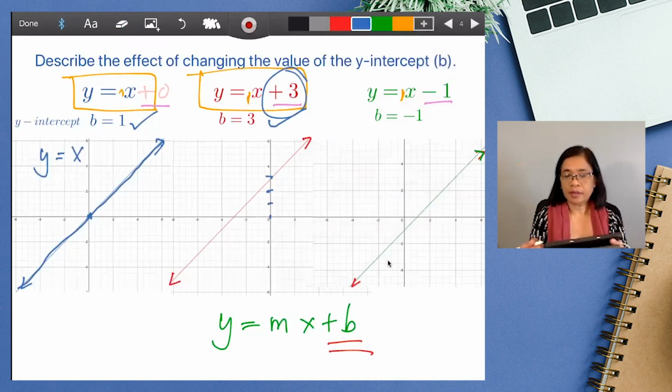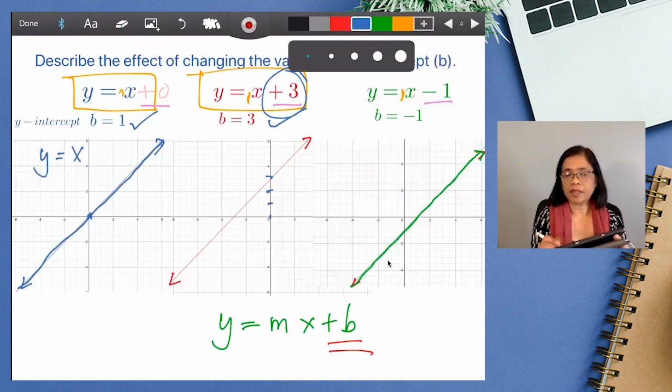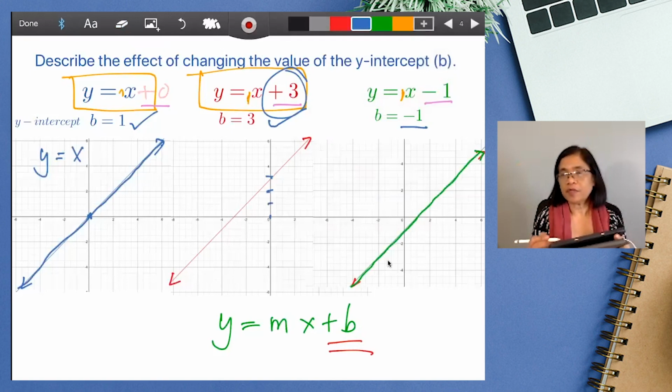And in the third line, which is the line y is equal to x minus 1, where the y-intercept is negative 1, the effect of changing this parameter is a movement of the parent function.